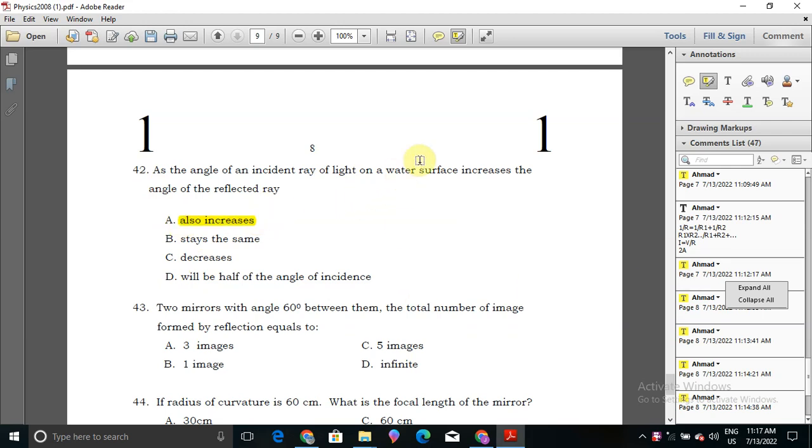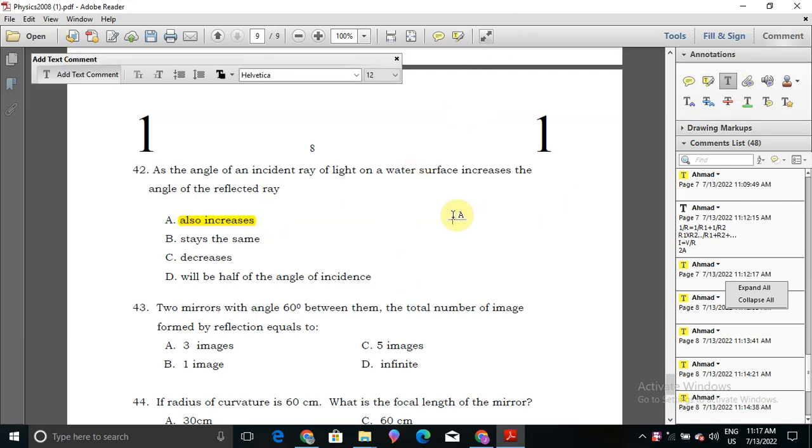Now question number 43 says two mirrors with an angle of 60 degrees between them. The total number of images formed by reflection equals what? The formula, as we know, is 360 degrees over theta minus 1, right? So that means it will be 360 over 60 minus 1.